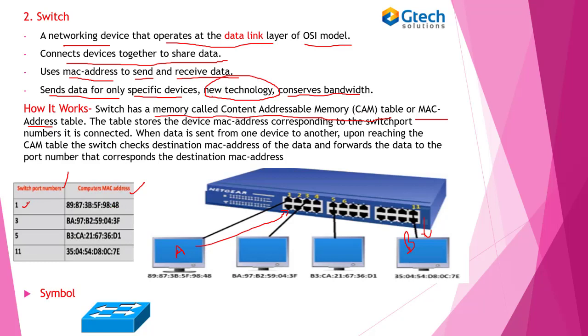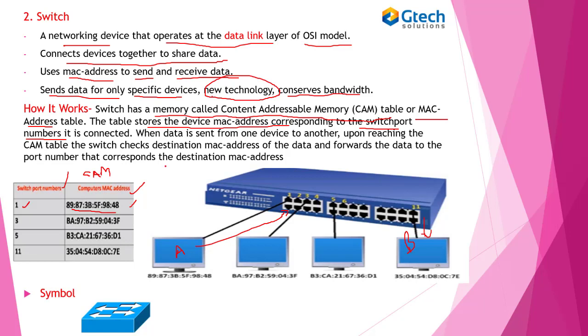So whenever a device is connected to switch port 1, interface Fa0/1, its MAC address will be placed here. The table stores the device MAC address corresponding to the switch port number. So the MAC address of device A is this one, and it is connected to port 1.